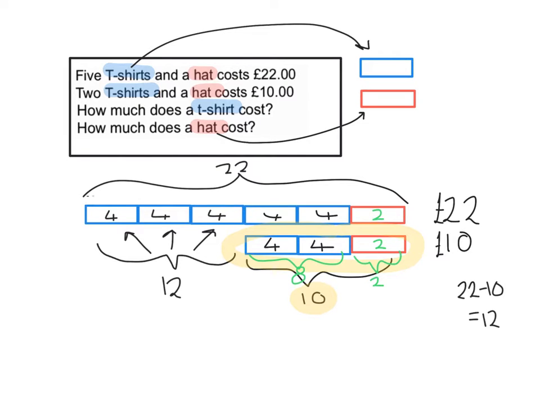So what have I found? I found that the blue box is representing £4, so a t-shirt is £4, and I found that a red box is £2, so that's a hat is £2.